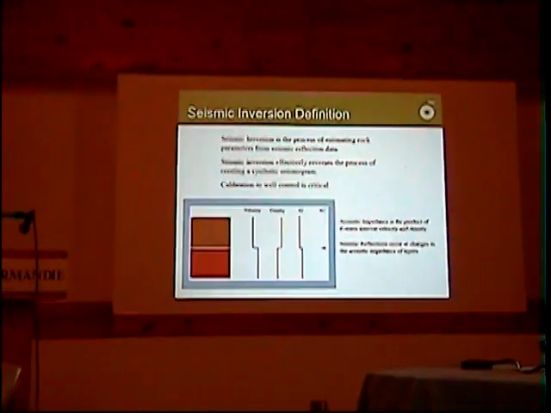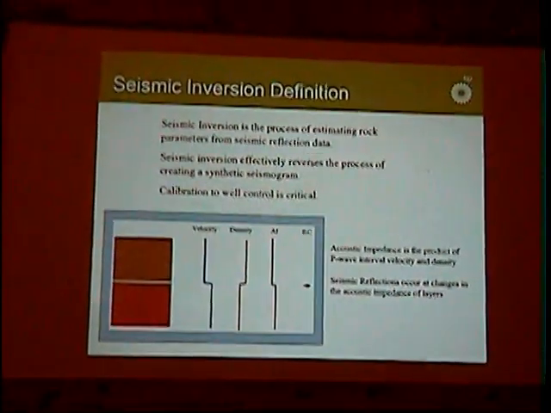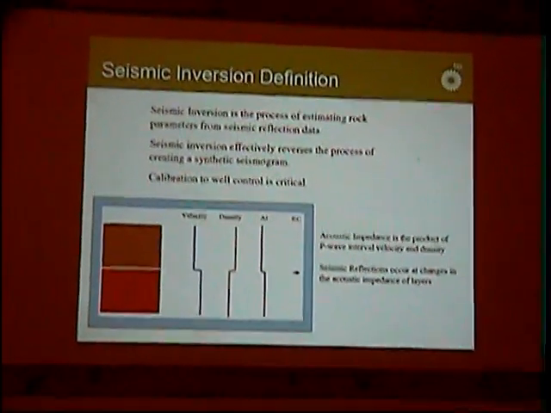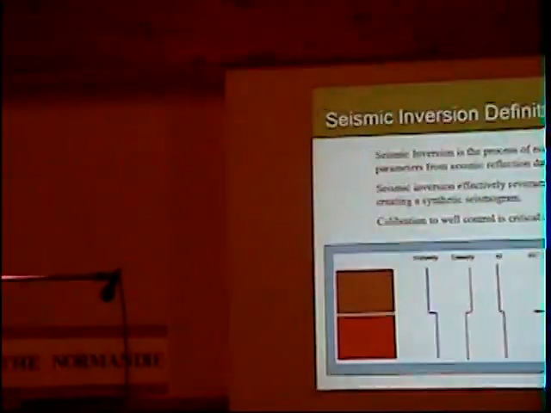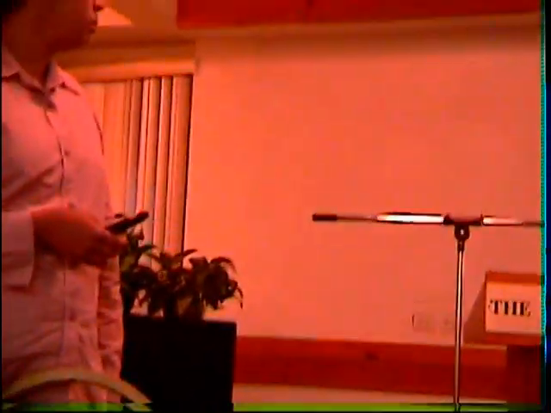But how can we actually get rock parameters, reservoir parameters out of the seismic data? To be able to do that, seismic inversion is the process by which we can attempt to pull that information from the seismic data.